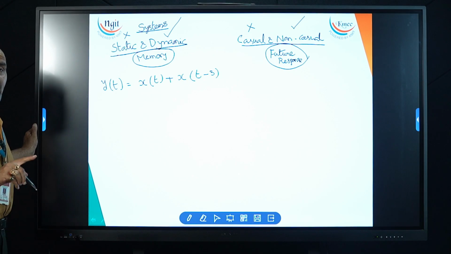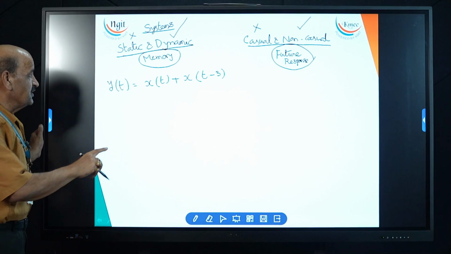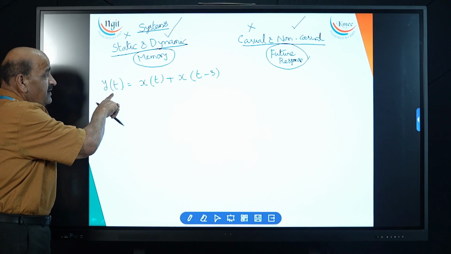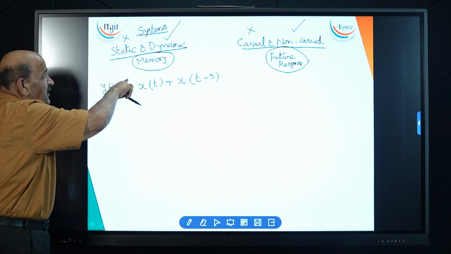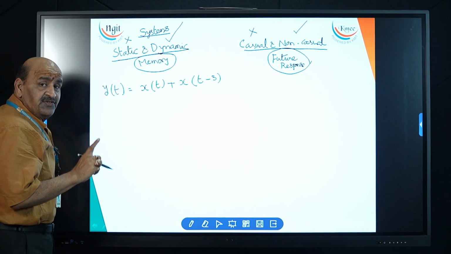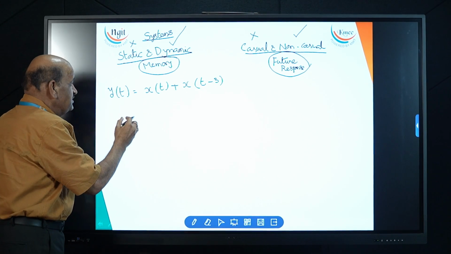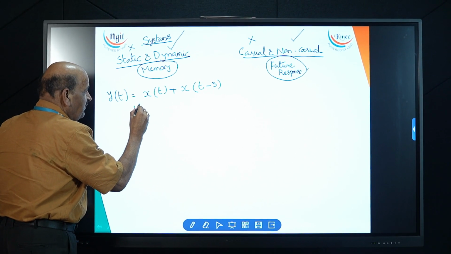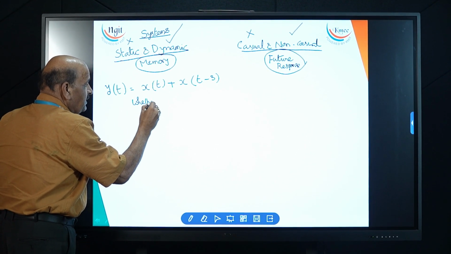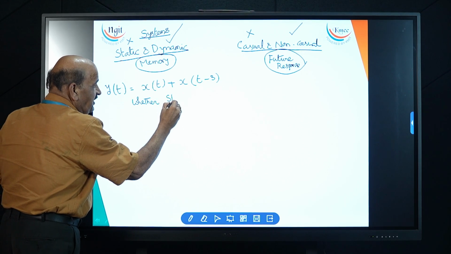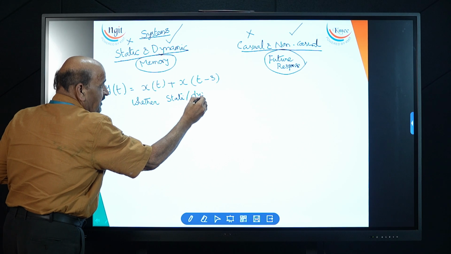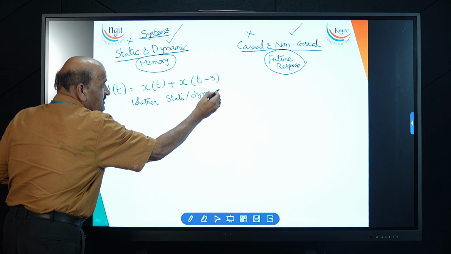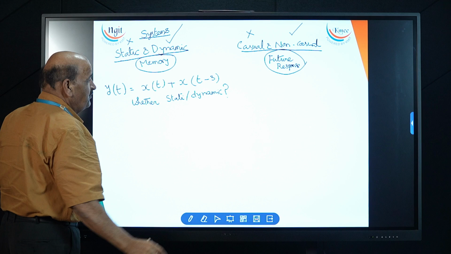They will ask you to verify whether this mathematical model of the signal belongs to a static or dynamic system. How can you prove it as a student?